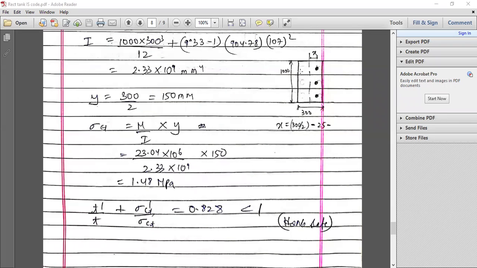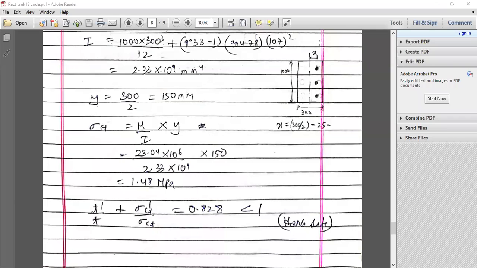Okay. So this is less than 1, so hence it is safe. Yes.